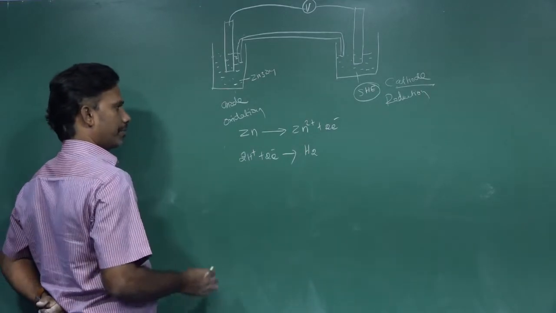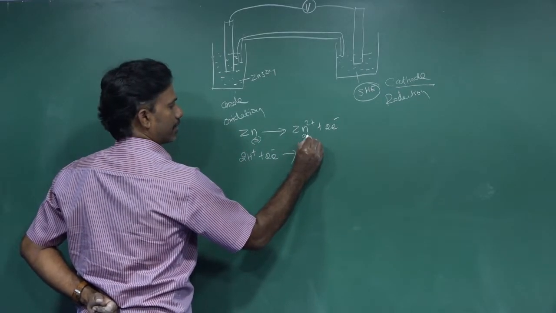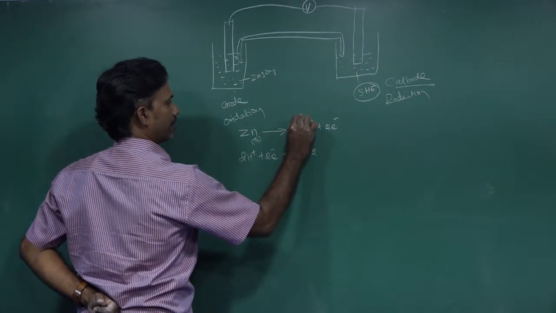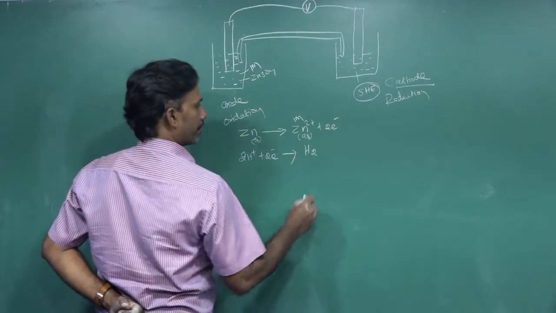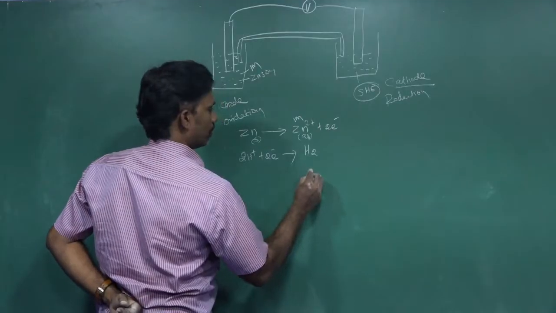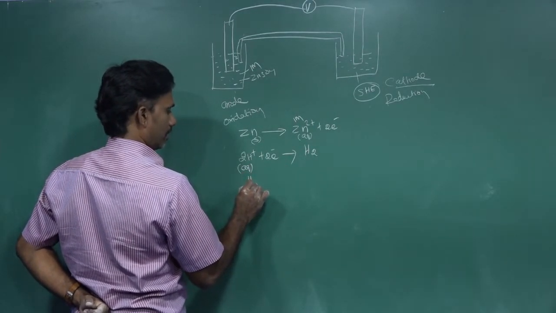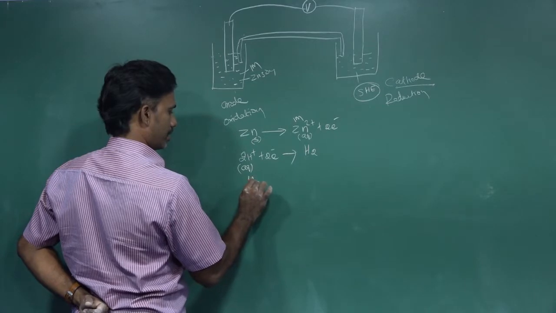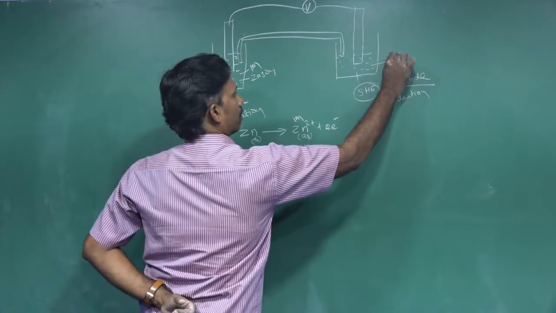The states should be mentioned here: solid, aqueous. Aqueous means what is the concentration? This is 1 molar concentration. Then H+ is also aqueous, 1 molar concentration. That should be mentioned, so 1 molar HCl is there.